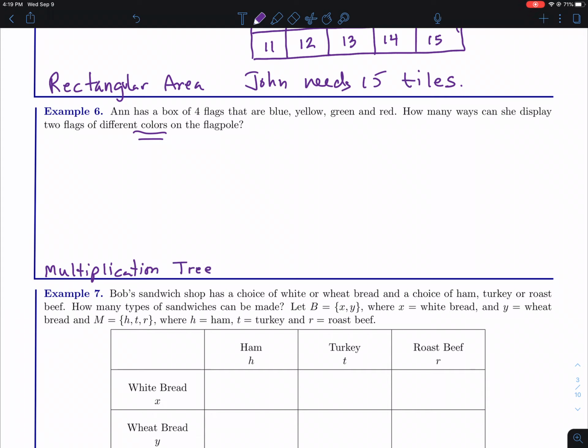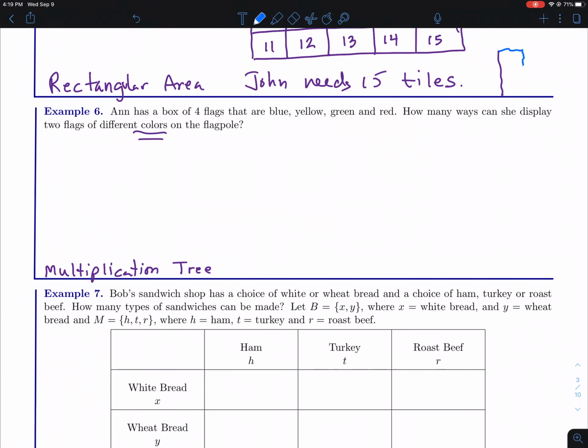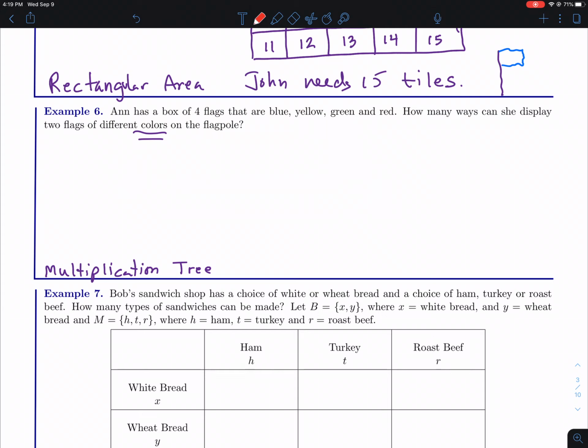So what we want to do is think of each of these branches as a location of the flag. Let me draw my little flagpole over here. Let's say we had the blue flag on top, and then maybe the red flag underneath.